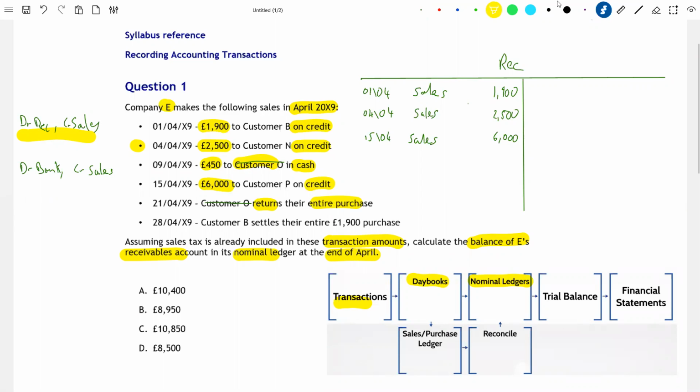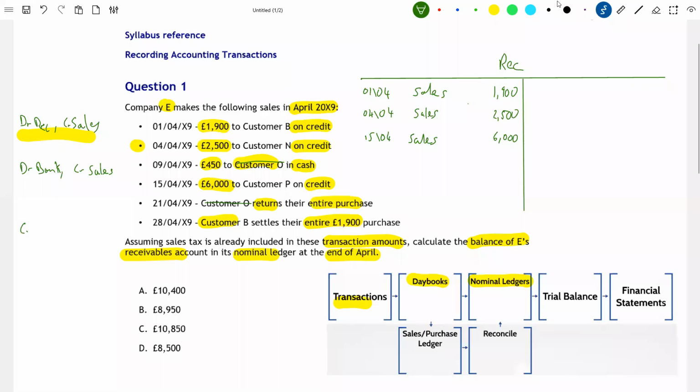Finally, our last bullet point states that customer B settles their entire £1,900 purchase, okay? So remember that receivables show the amount of money that a company is owed as a result of credit transactions. So if a customer settles their transaction, then we need to cancel out this receivables balance. We need to cancel out this asset as we no longer have this outstanding credit transaction.